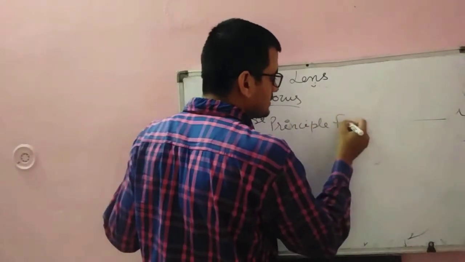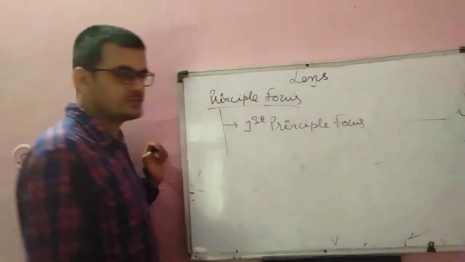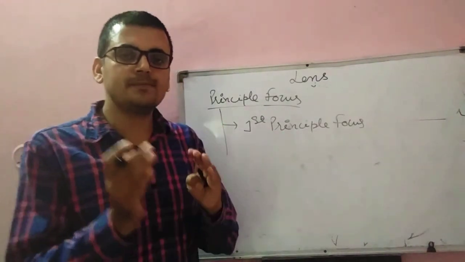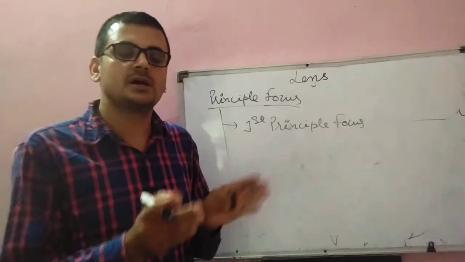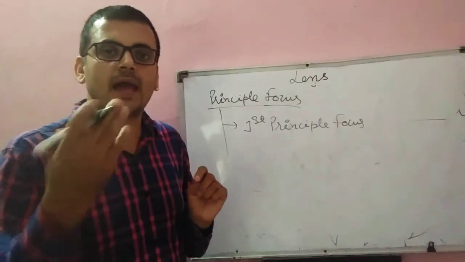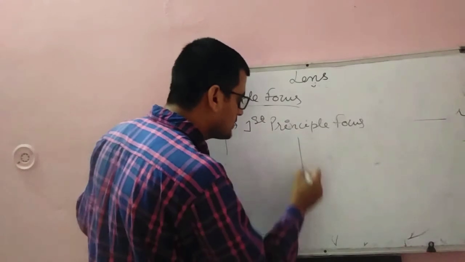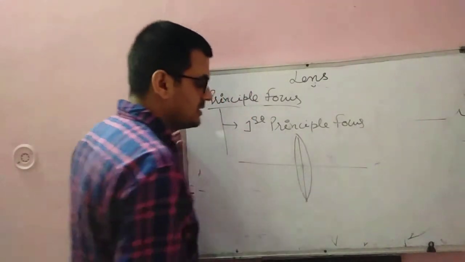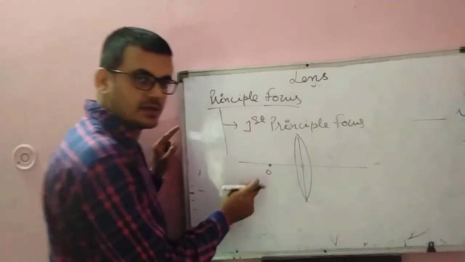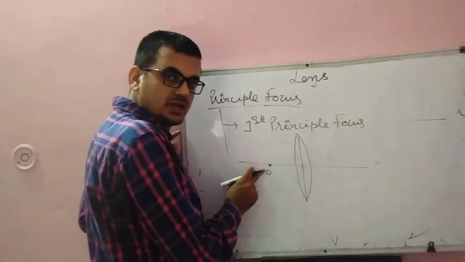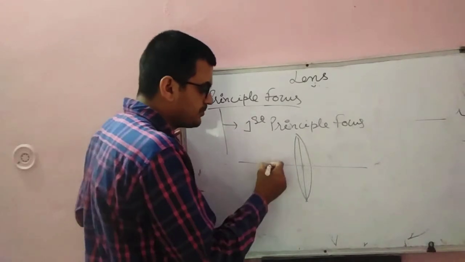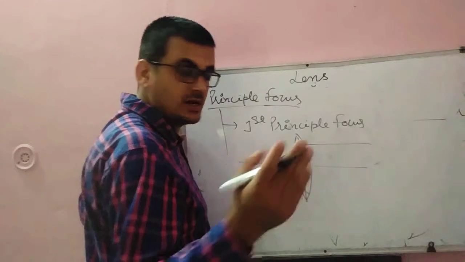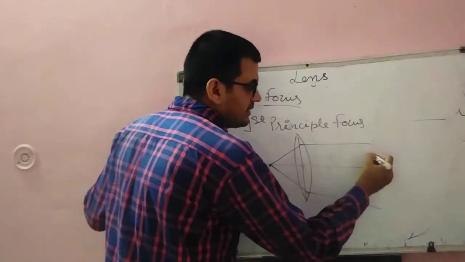What is the meaning of first principal focus? Position of object on principal axis for which rays of light appear at infinity, that is, for which the image is formed at infinity.